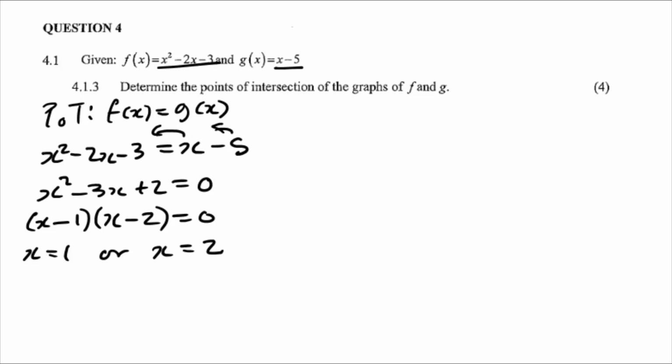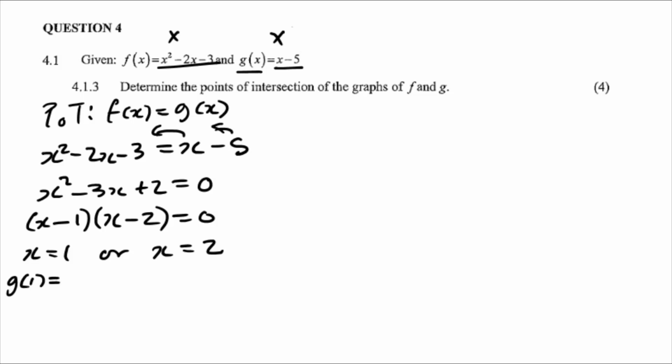Now for the y values, we know that we can substitute in any of the two functions, but the easiest one to substitute into is g of x. So I'll just pick g of x. I would want g of 1, which is equal to 1 minus 5, which is -4.